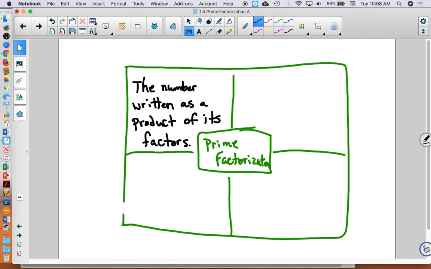You're also going to see it. We're going to talk about it being in, and if I use the term expanded form, primes only. Okay?